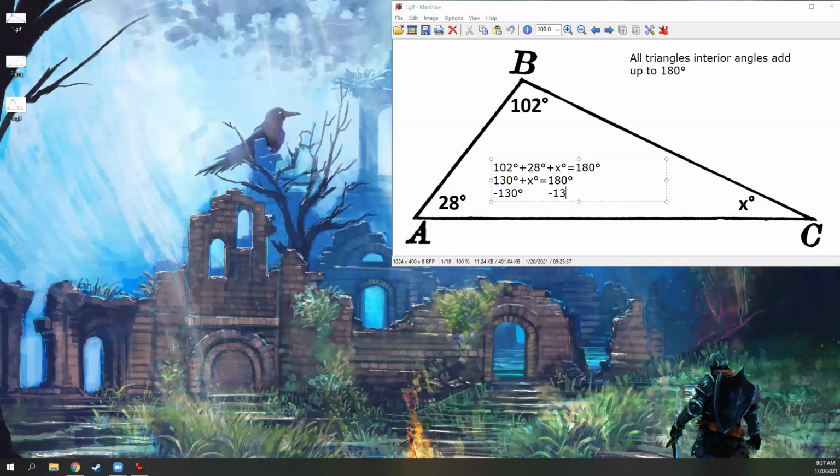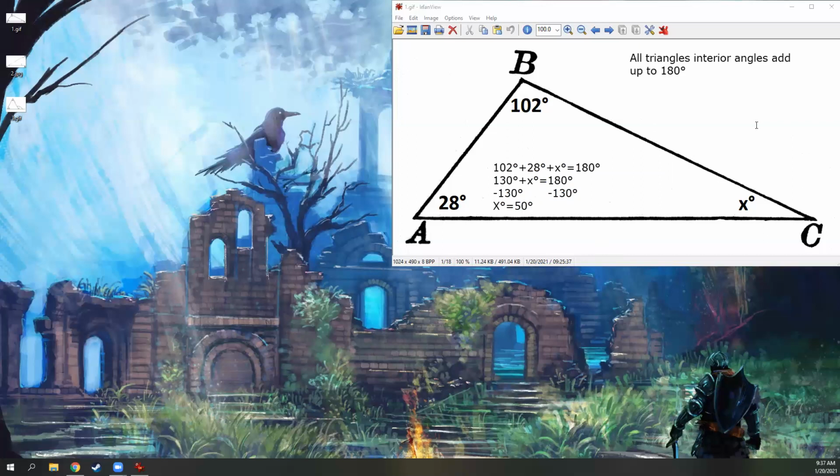Well, all that's left on the left side here is now x degrees, and all that's left on the right side is 180 minus 130, which gives you 50. And that's it. This x right here, this angle is 50 degrees.